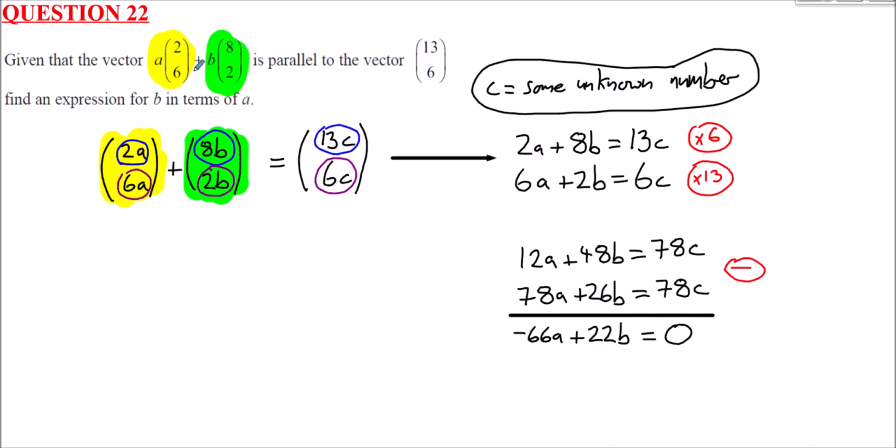So we have minus 66A plus 22B equals 0. We want an expression for B in terms of A. So what we're after is it in terms of B equals something. So B equals something to do with A. So from this stage here, to get B on its own, I'm going to add 66A to both sides.